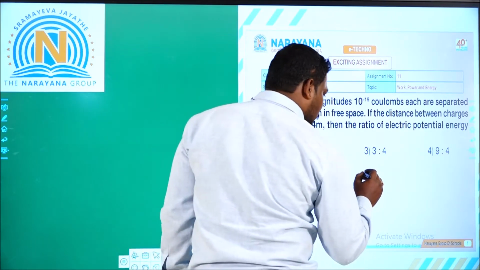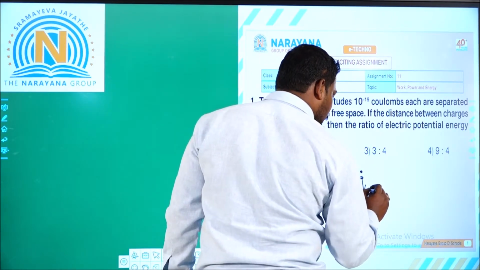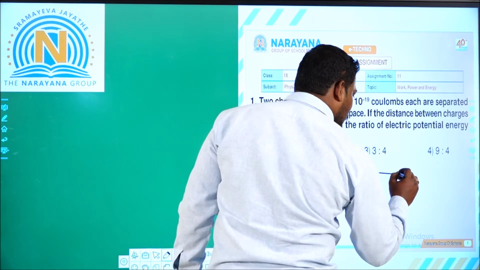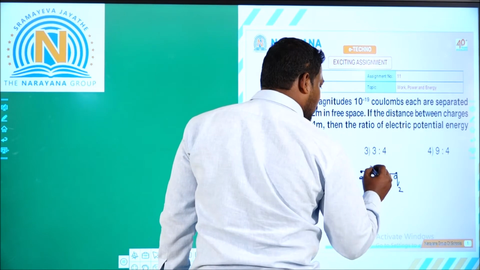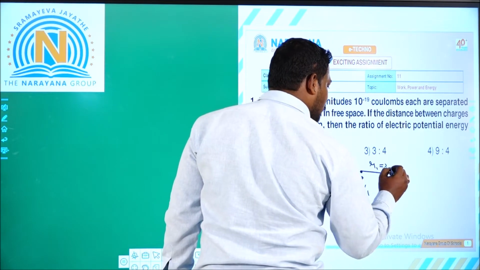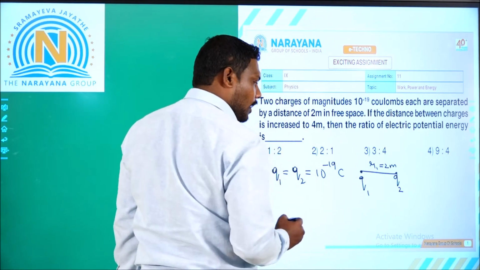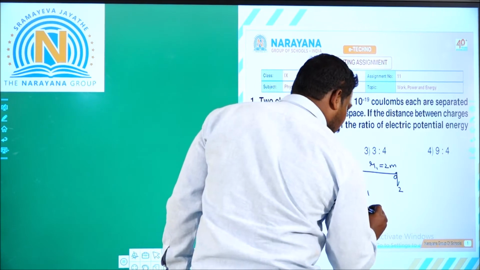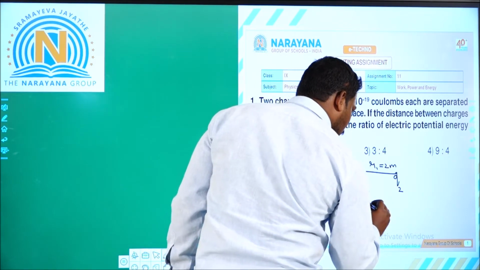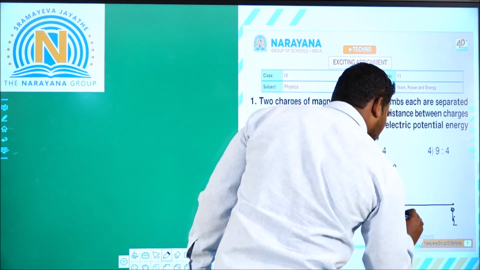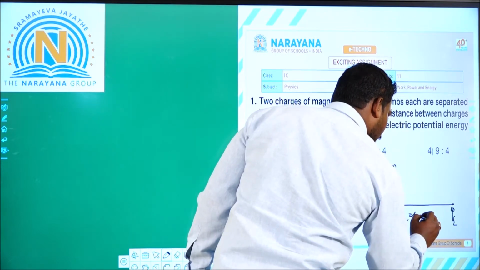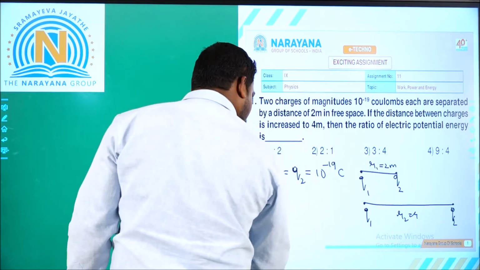And initially the Q1 charge and Q2 charge are separated by a distance R1 equal to 2 meters, right? Then the Q1 charge and Q2 charge are separated by a distance R2 equal to 4 meters, okay?